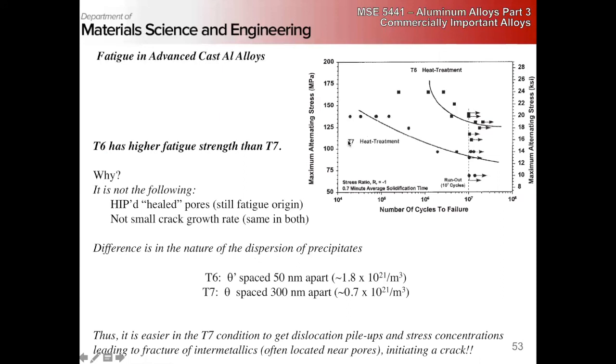So again, this is just the difference in fatigue properties as a function of the different heat treatments that we have, that can directly be tied back to the precipitates that you get, theta versus theta prime, the spacing of 50 nanometers versus 300. So with a finer dispersion of particles, we have a higher cycles to failure for a given stress.